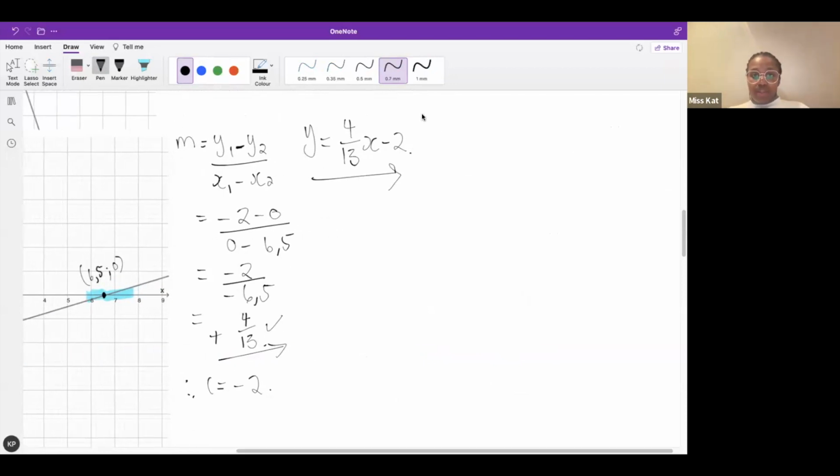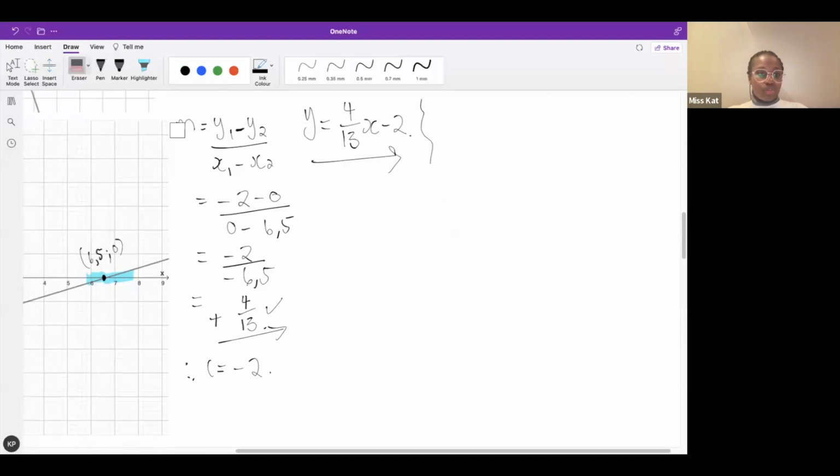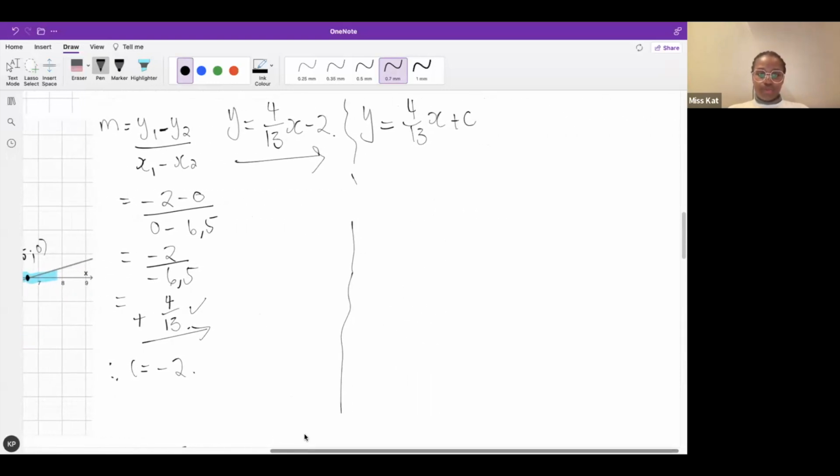So in the other method, we had y equals 4 over 13 x plus c. I'm going to choose not 6.5 and 0. Let's choose a different point, 0 and -2.